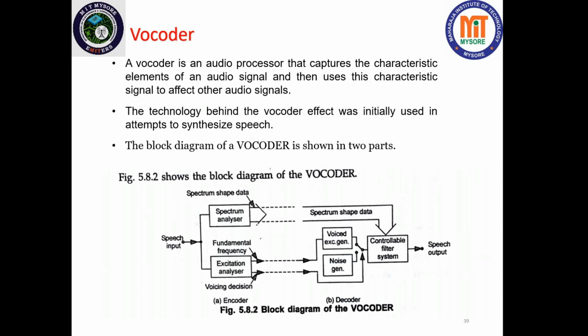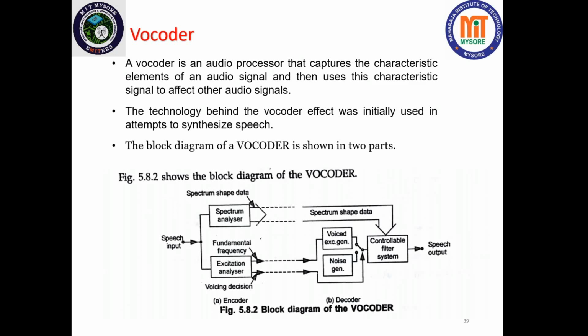Thereby we produce a mixed kind of speech signal with instrumentals, that is, music instrumental signals. Initially this technology was used in an attempt to synthesize speech, which means artificially generating speech. That is another important application of vocoders apart from telephone lines.